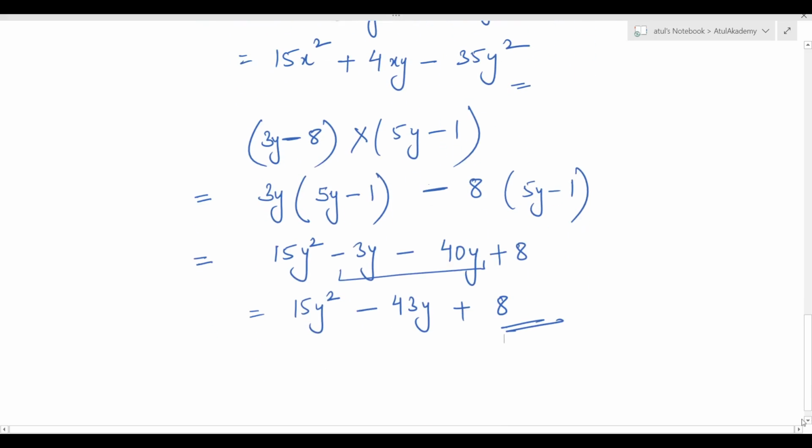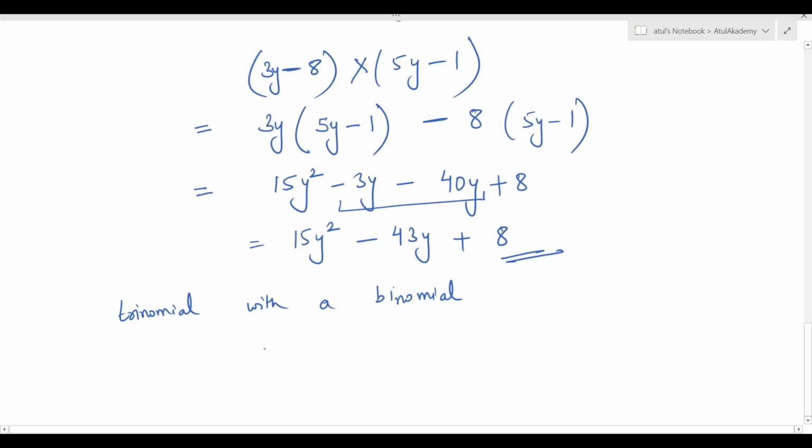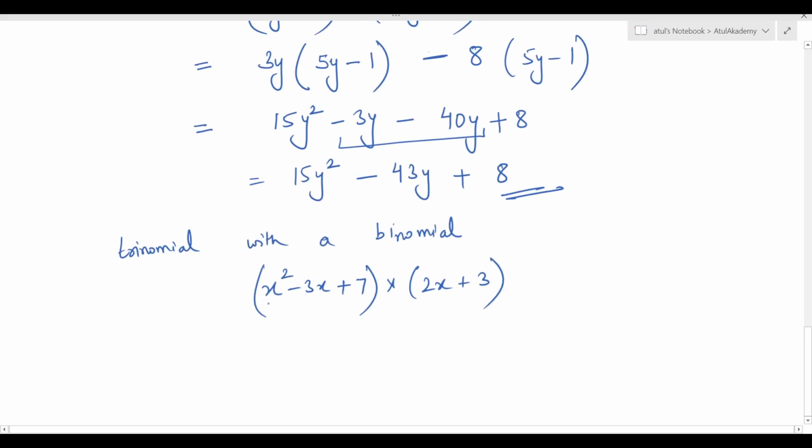Let us take one more example in which we will multiply a trinomial with a binomial expression. So I have an example. Let's say x square minus 3x plus 7 is multiplied by 2x plus 3. So how will we do it?